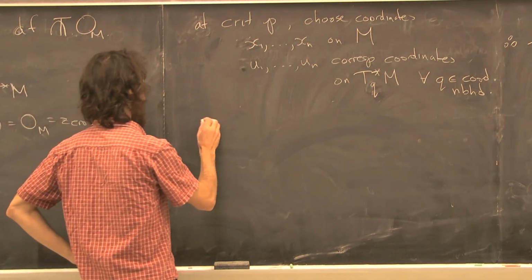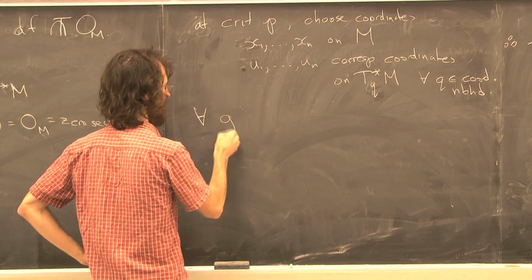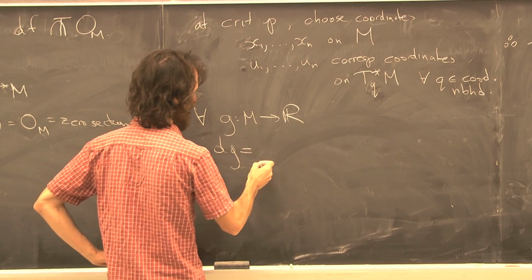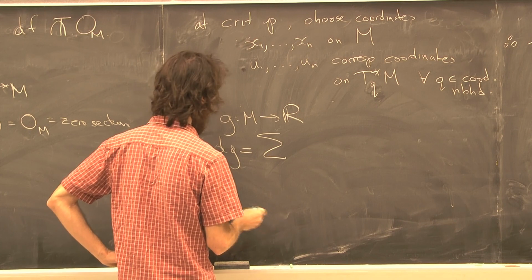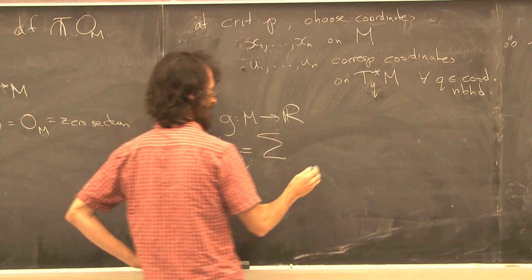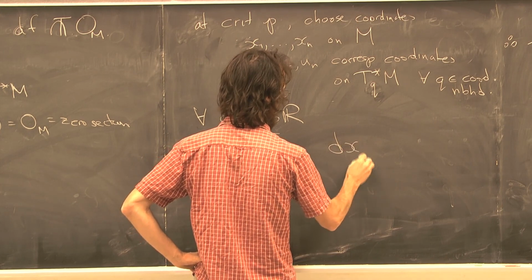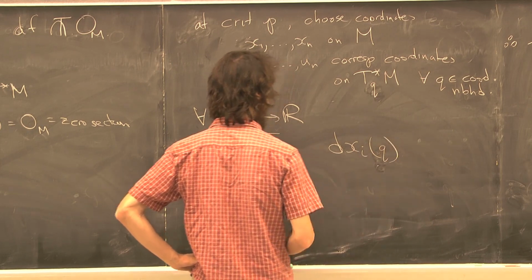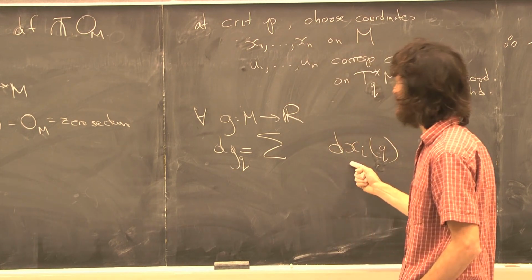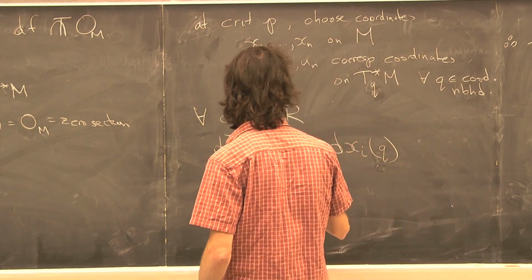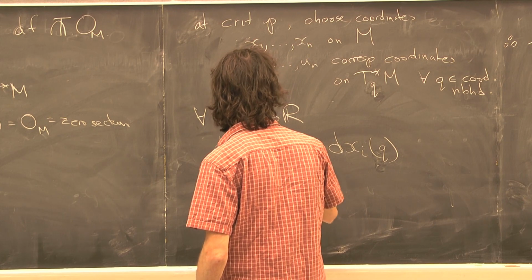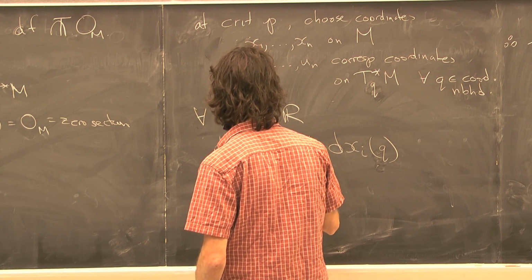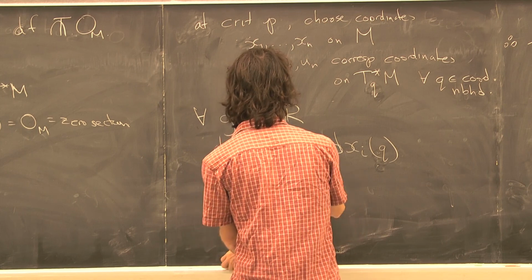The point is, for any function g from M to R, we have dg in local coordinates. dg at a point q can be written as the sum of the dx_i at q times some numbers, some coefficients, and those coefficients are going to be the partial derivatives of g at q, times some numbers in u_i.